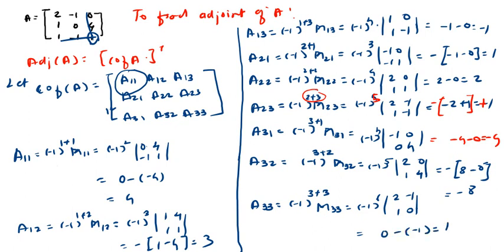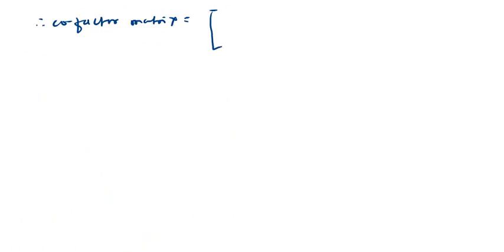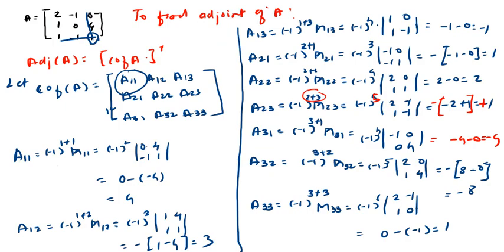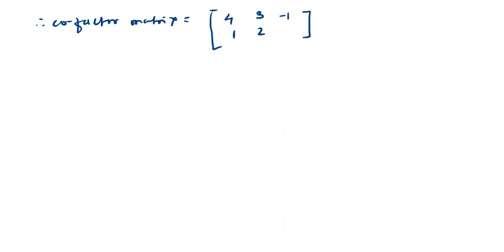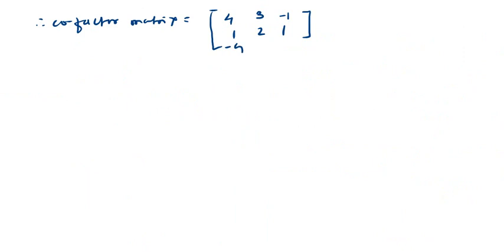So from this we can find the cofactor matrix. Therefore the cofactor matrix will have the first row with the elements 4, 3 and minus 1. The second row will contain the elements 1, 2, 1, and the third row will contain the elements minus 4, minus 8 and 1.